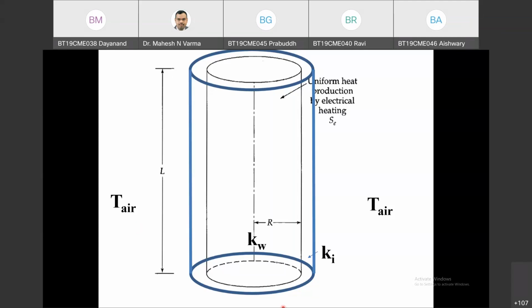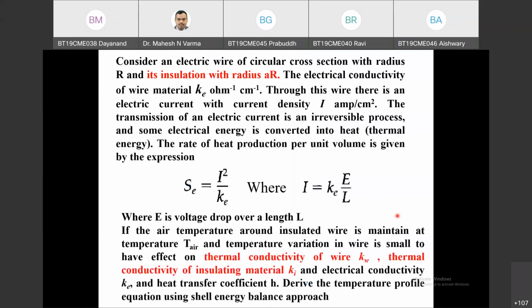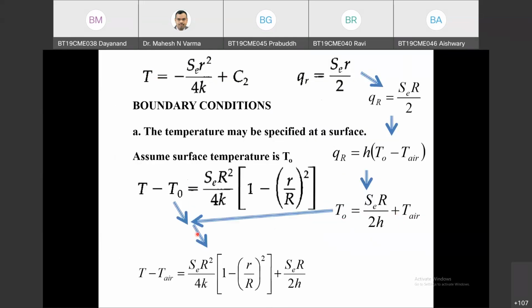Fundamentally it is the same. Here this air temperature will be related to the surface temperature using Newton's law of cooling. You can assume T0 here, and then T0 can be related with the air temperature. Exactly similar to what we have done. So you need to calculate the flux at R equals to AR.